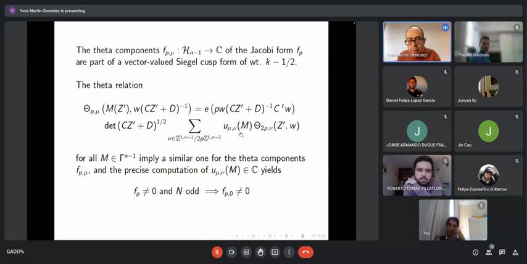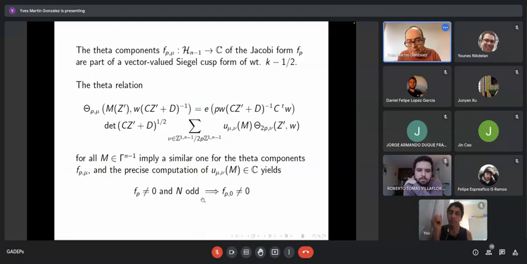So if you know them, you can say something about the theta components. And by a technical argument, if the Jacobi form f sub p is non-zero and n is odd, you can prove that this particular theta component, the one indexed by the tuple mu equal to 0, 0, 0, 0, n minus 1 times, is also non-zero.